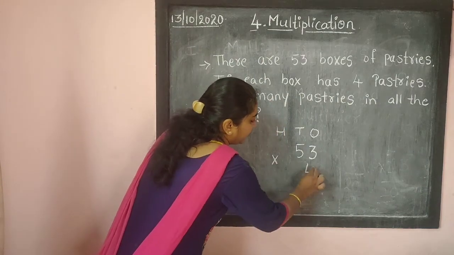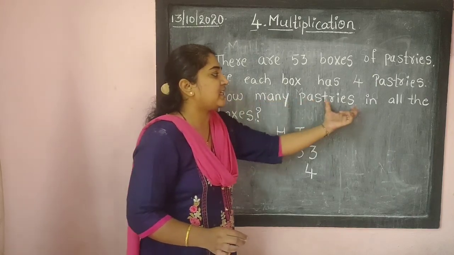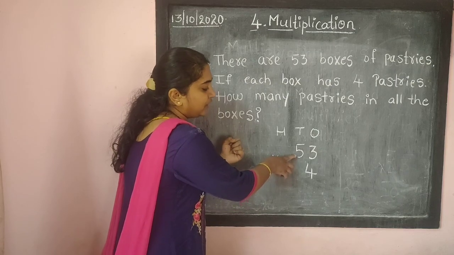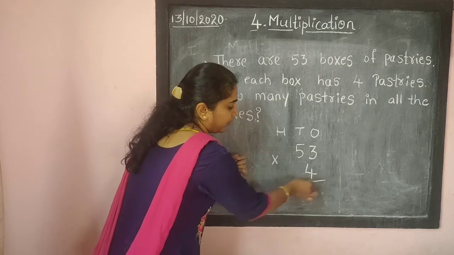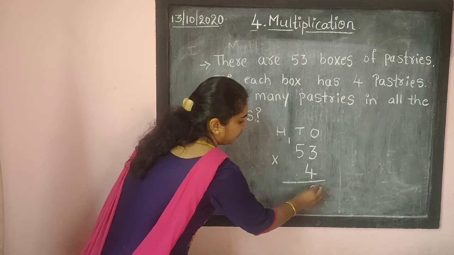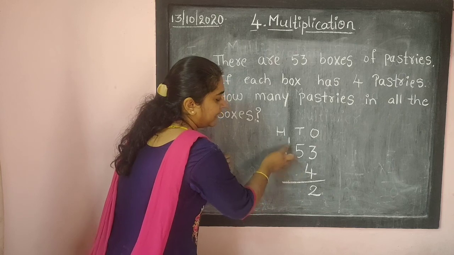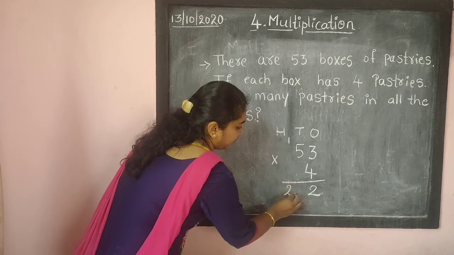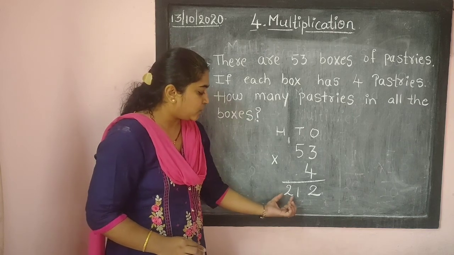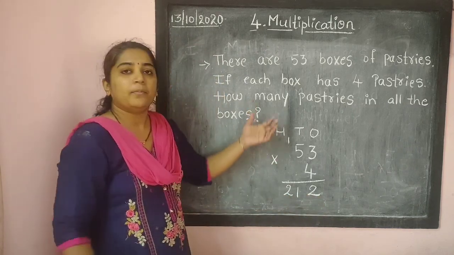We have to multiply by 4. If they ask how many pastries are in all the boxes, we have to do 53 multiplied by 4. 4 3s are 12. 4 5s are 20, 20 plus 1 is 21. There are 212 pastries in all the boxes.